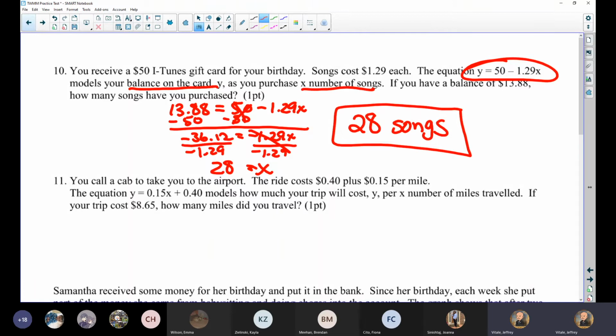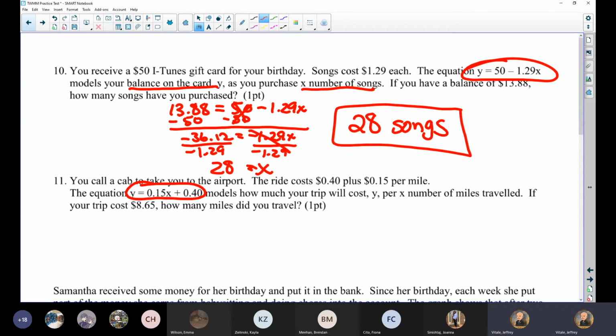Okay. The second scenario, so you're taking a cab to the airport. The ride costs 40 cents plus 15 cents per mile. So they even gave us the equation again. Again, awful nice of them. All right. So X is our number of miles that we traveled, and Y is the cost of the trip.